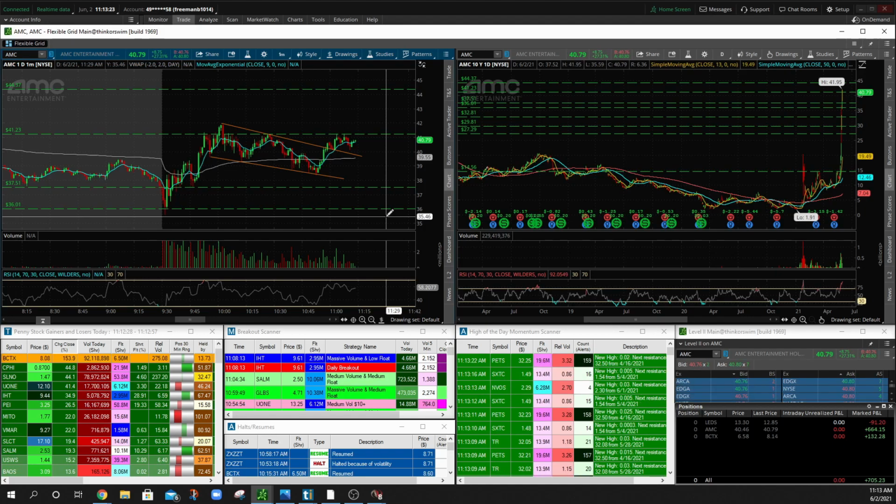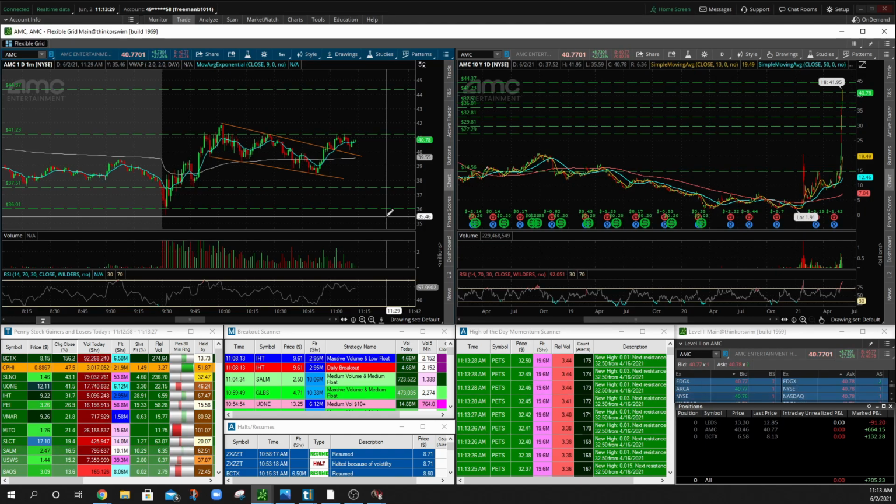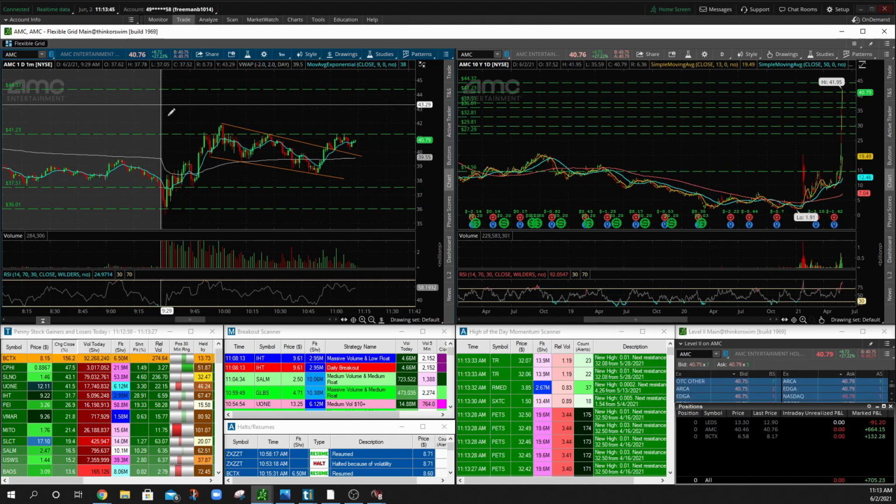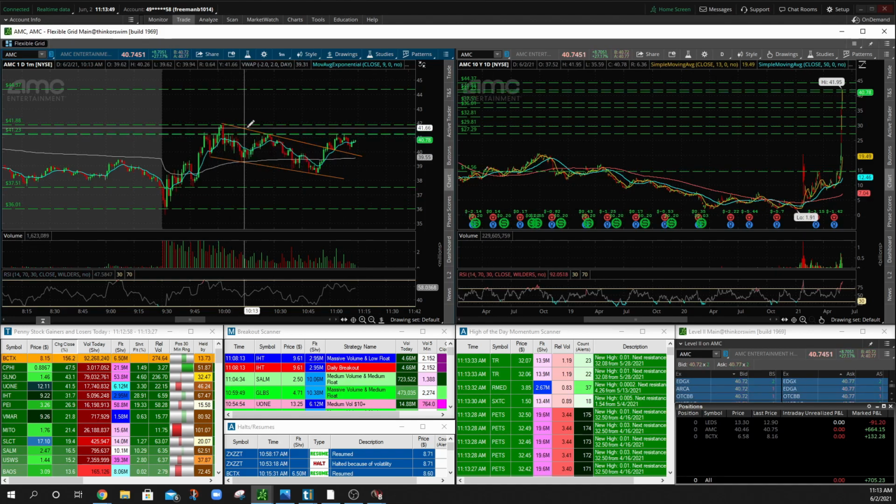So let's say you like it, you think it's long, you're going to go in anticipating the break of 41.23. Where's your first target on this play? Absolutely, you're going to have some resistance right off this intraday high, right around 41.88.